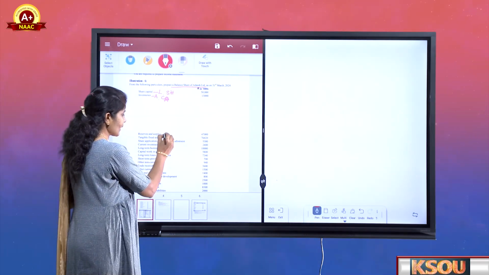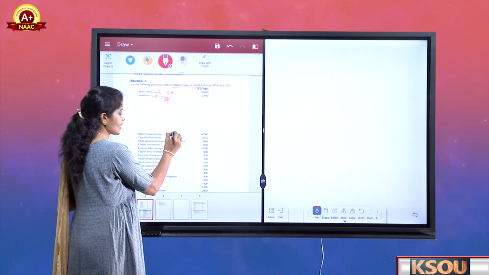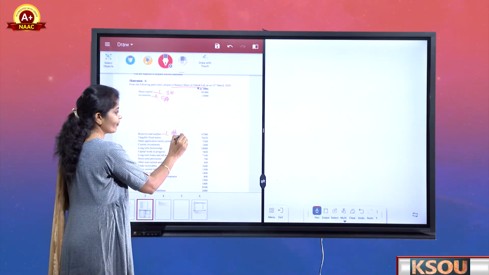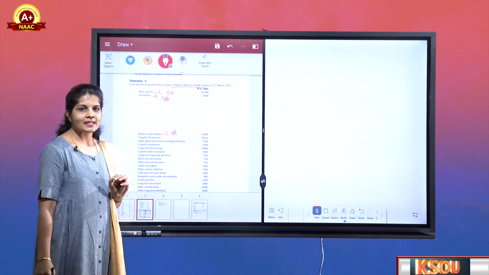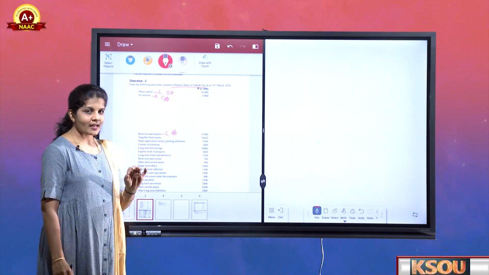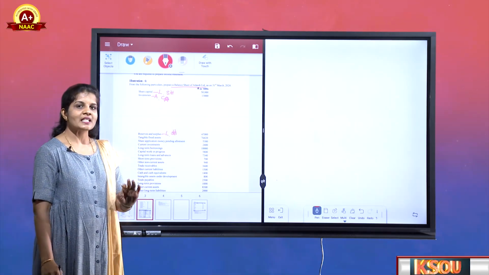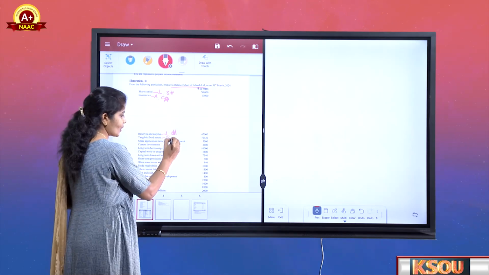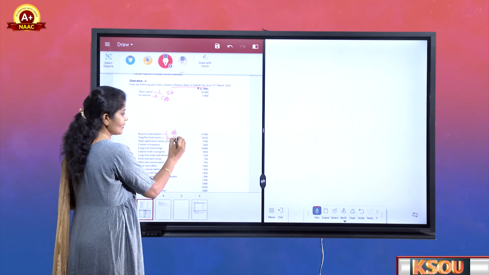So this will be an item of liabilities and it will be shown under the heading shareholders' fund. The amount is 47,000. Next, tangible fixed asset. The name itself they have given, it is a fixed asset. So this is an asset and it will be shown under the heading fixed asset.